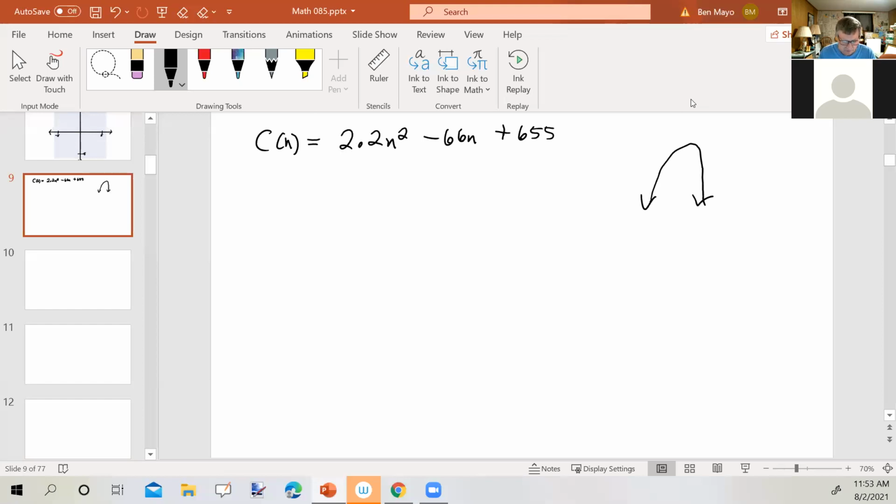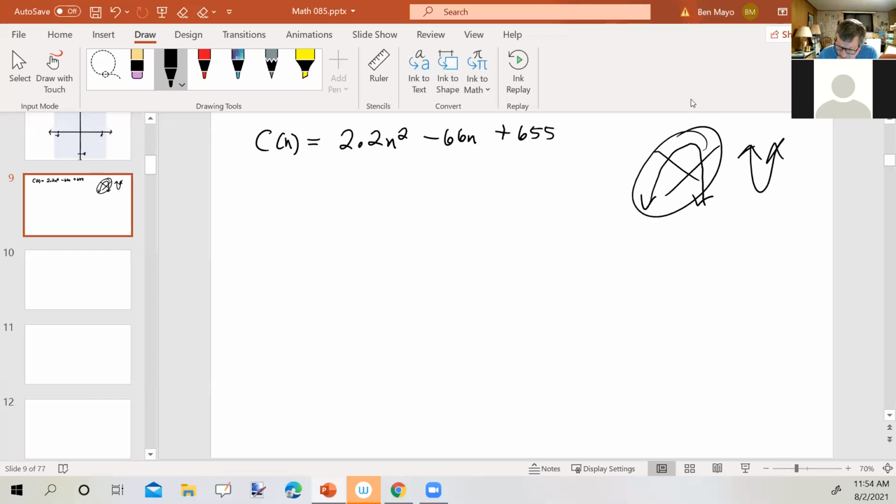Oh, or would it be? If a is positive, does it open downwards? It opens upwards, doesn't it? Remember, if a is positive, it opens up. If a is negative, it opens down. Well, this is a good thing because they want us to find a minimum, and a parabola opening downward doesn't have a minimum value.